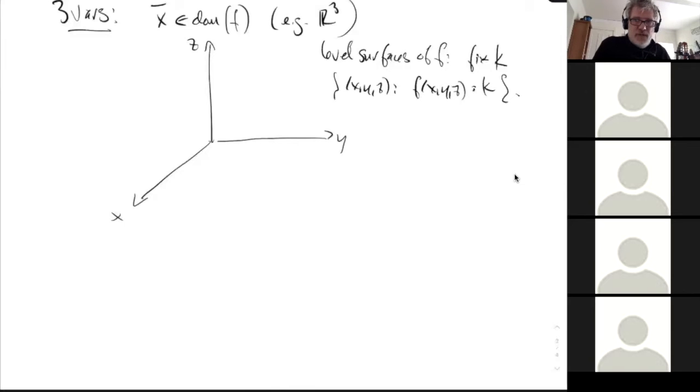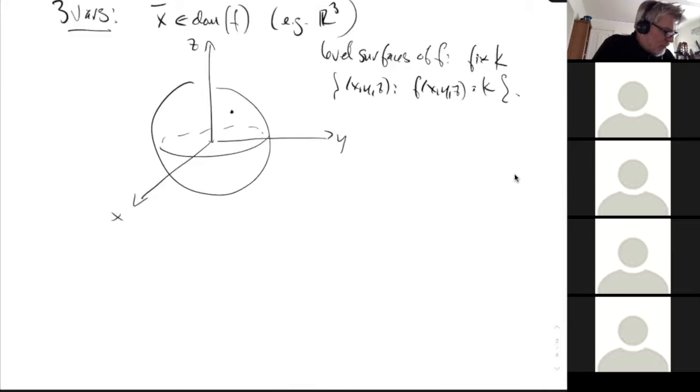So for each different k, you get a different surface. So maybe the surface is something like this, right? And let's say we have a point x bar which sits on the surface. So again, if you look at the sphere, if you restrict points on this sphere, the value of the function is always the same, okay?